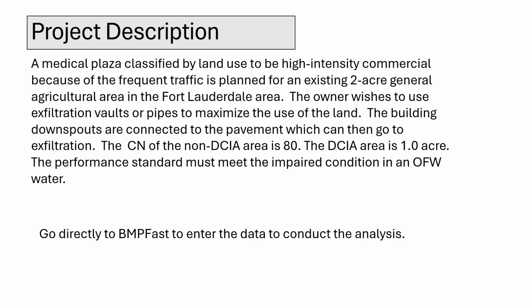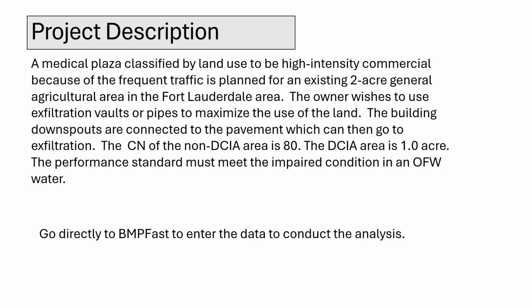A critical site characteristic here, as identified in the geotechnical report, is the presence of highly permeable underground limestone rock. This high permeability means that we'll need specific percolation data from that geotech report to justify the stormwater removal rates, or alternatively we'll design for a 3-hour treatment volume. Regarding the hydrological parameters, the curve number for the non-directly connected impervious area is 80, and the directly connected impervious area is 1.0 acre.